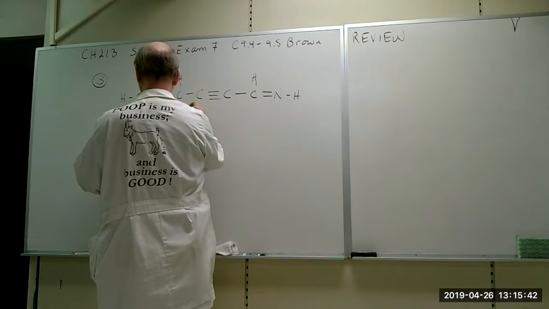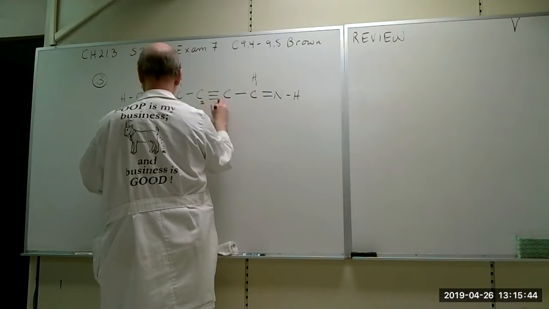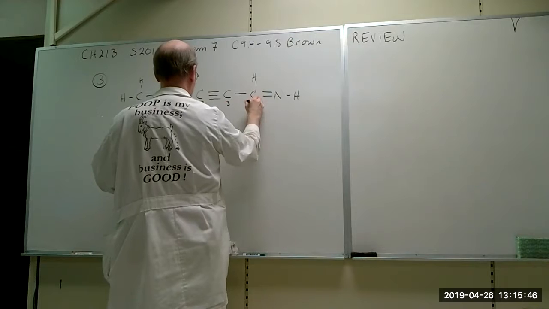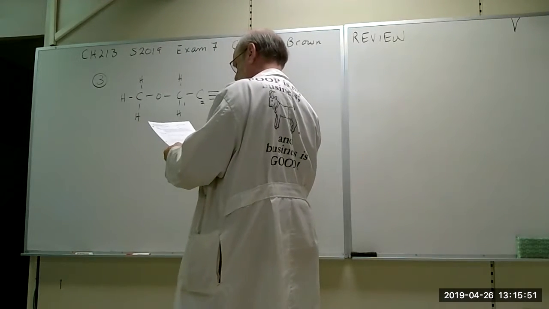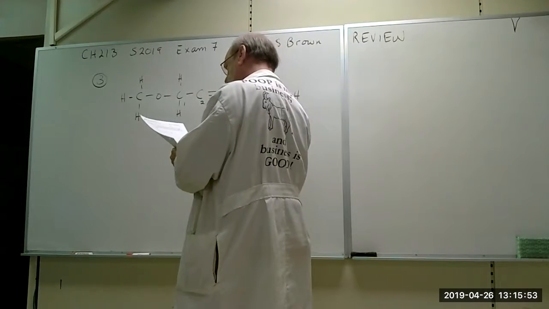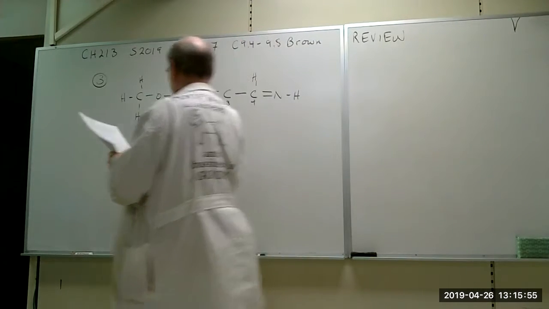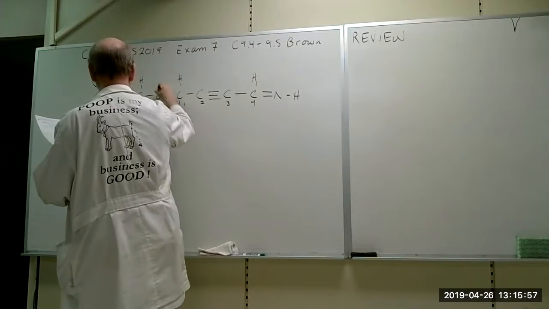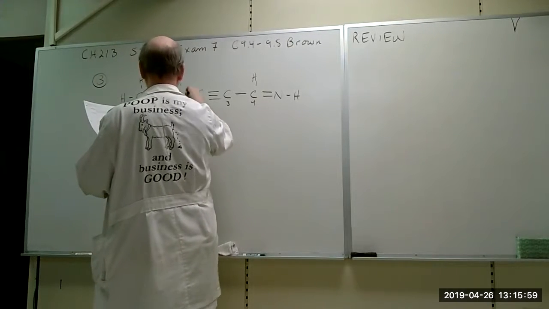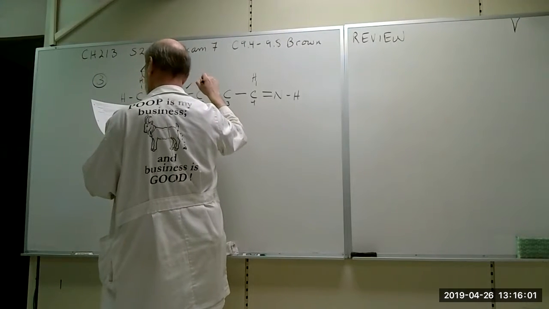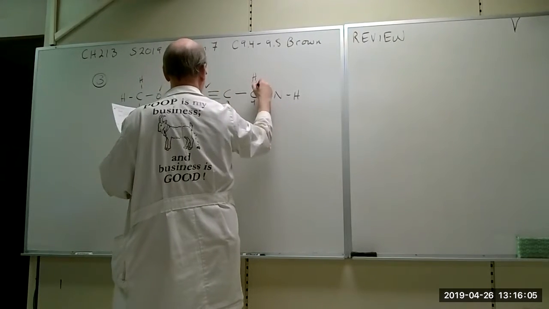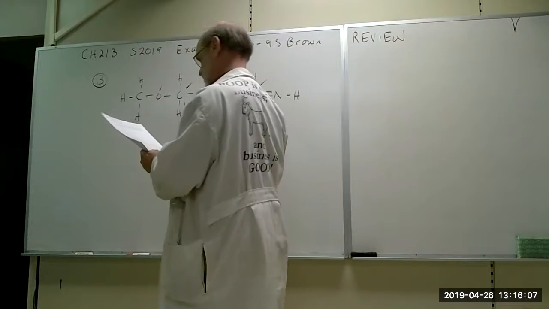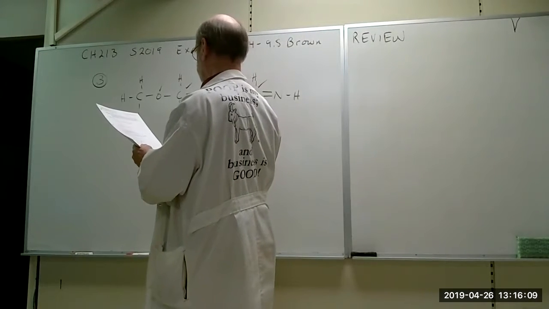And these carbons are numbered 1, 2, 3, 4. What's the hybridization of atoms here? This one, and this one. Okay.